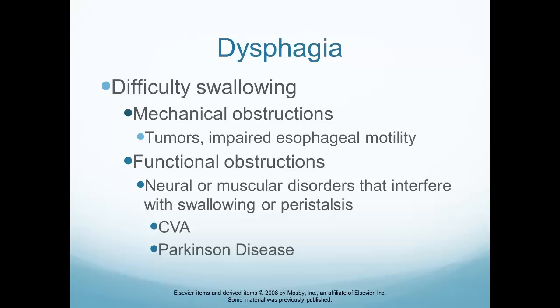A CVA is a cerebral vascular accident, that is a stroke, and that can cause the patient to have difficulty swallowing. That's a big problem because if they can't swallow adequately, they could aspirate the food particles into the lung, which could cause either an airway obstruction and death, or an aspiration pneumonitis.